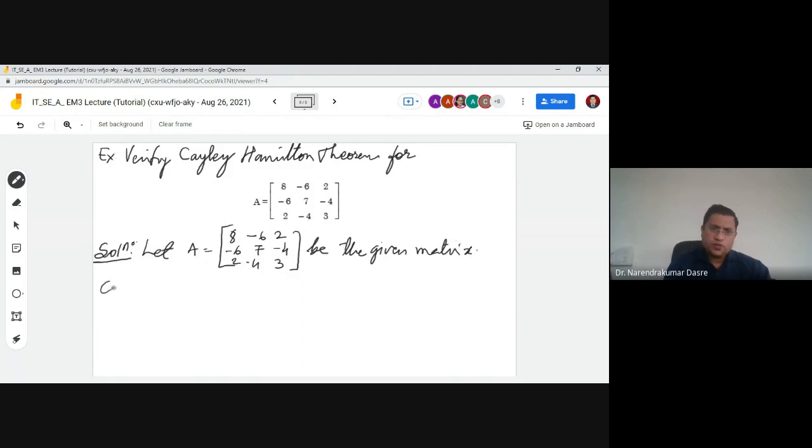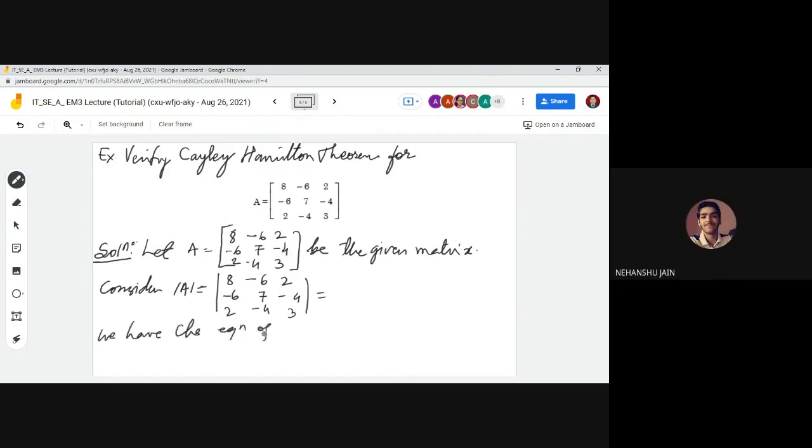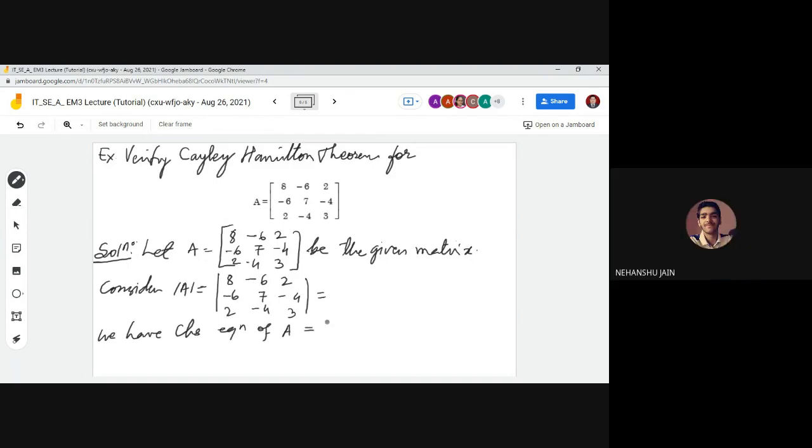What do we have to do next? Consider the determinant of A. What is the determinant of A? 8, minus 6, 2; minus 6, 7, minus 4; 2, minus 4, 3. Please calculate the determinant. What are you getting? 0.